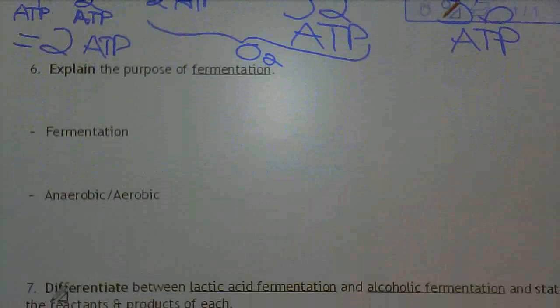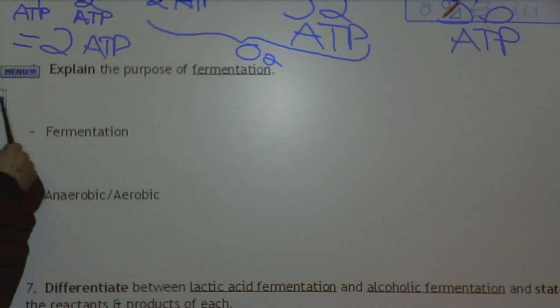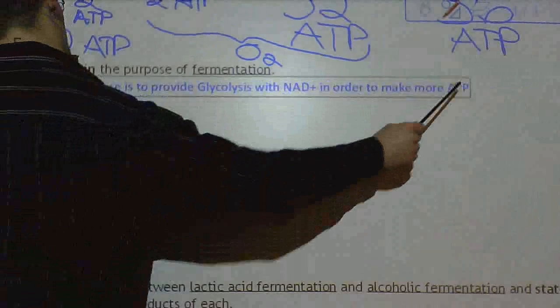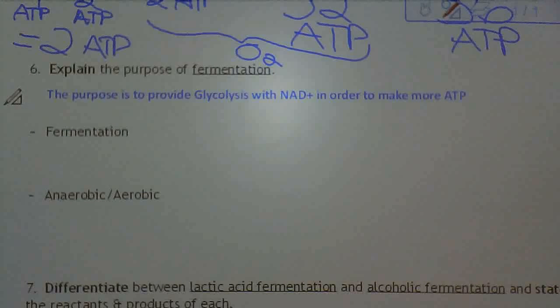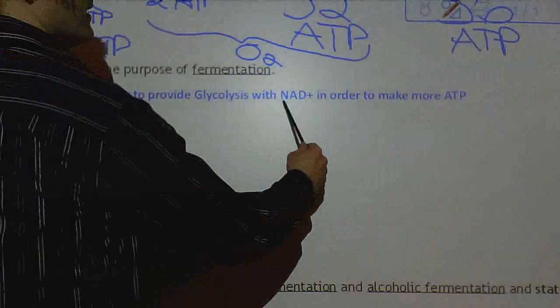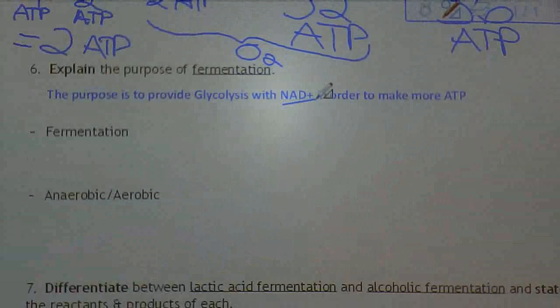So let's get into talking about fermentation. Very simple, we're just going to start off with the purpose. The purpose of fermentation is actually to provide glycolysis with more NAD plus in order for glycolysis to keep making ATP.